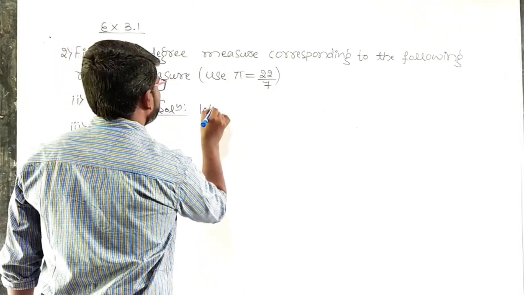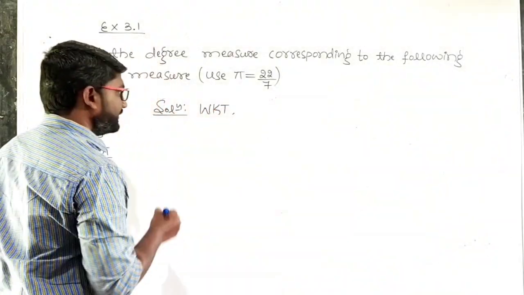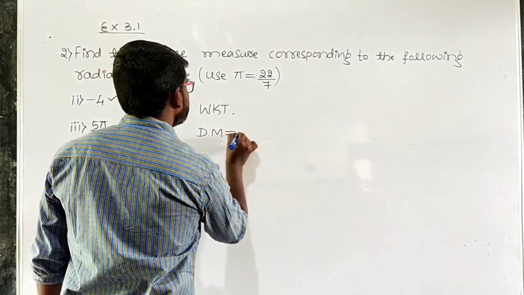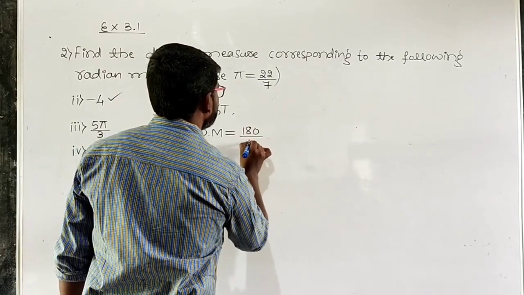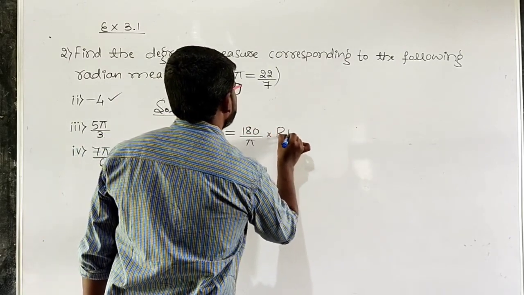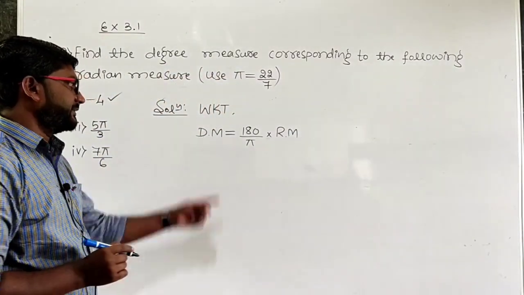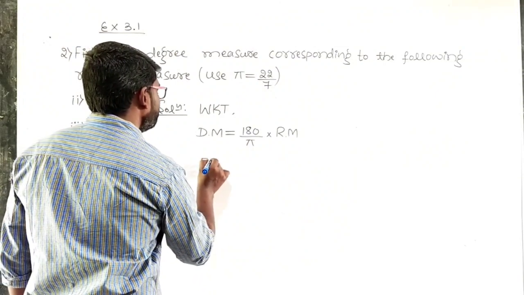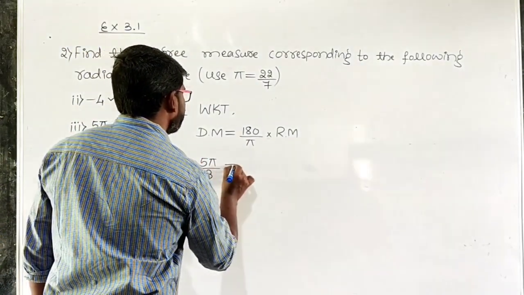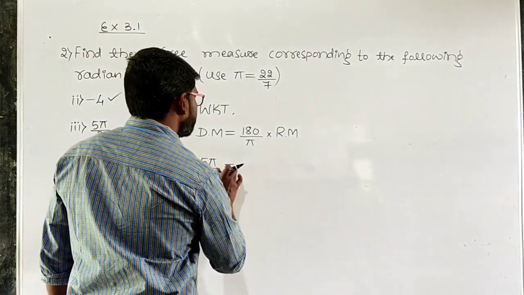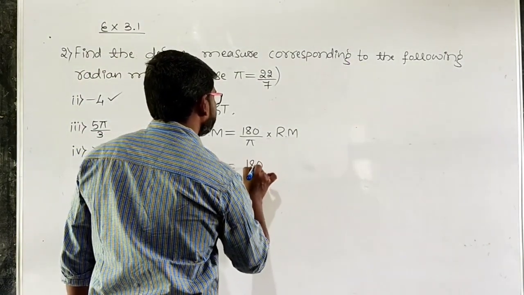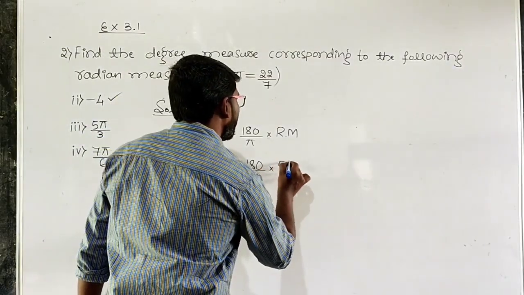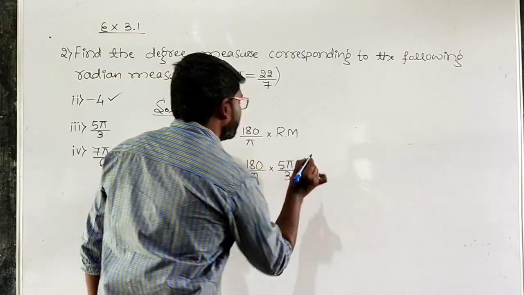So here we know that degree measure equals 180 by pi into radian measure. What is the radian measure here? 5 pi by 3 equals 180 by pi into 5 pi by 3.